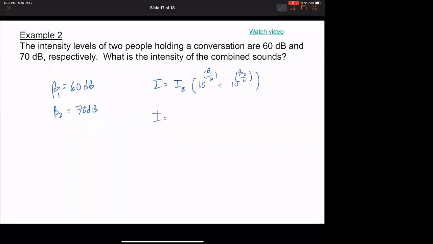So the intensity is 1 times 10 to the minus 12 times the quantity 10 to the 60 over 10 plus 10 to the 70 over 10.